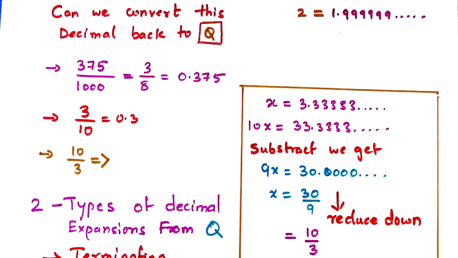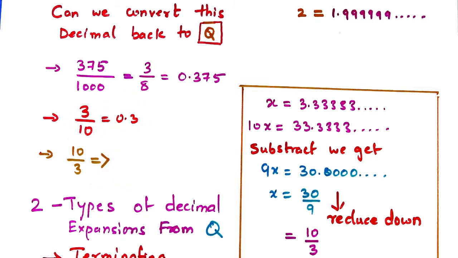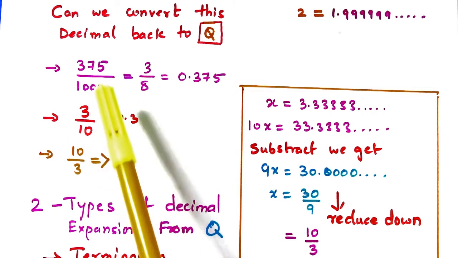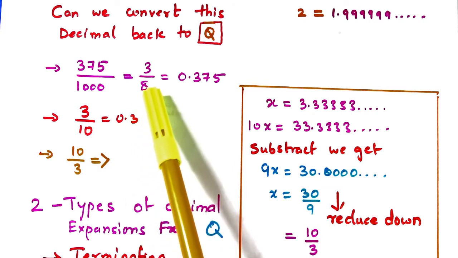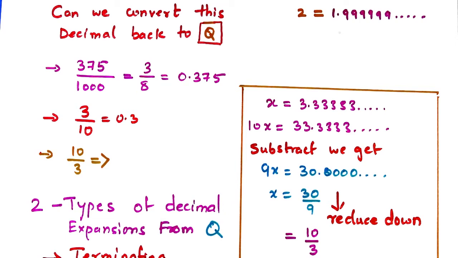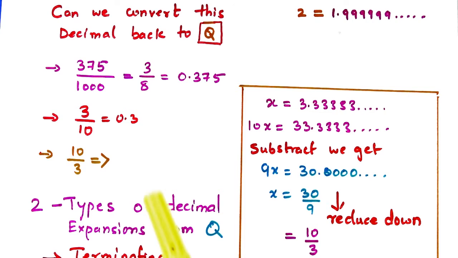As you can see, we have got our fraction over here, that is 375 by 1000. If I try to reduce it down to a point where I cannot reduce it even further, that is 3 by 8. I get one number odd and another number even, and the common factor between these two is 1.